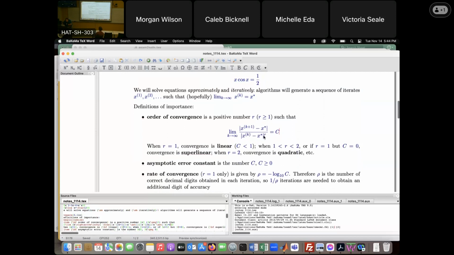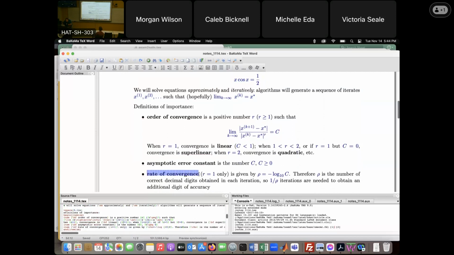In the case of linear convergence, we actually do have a rate of convergence. Remember, rate of convergence and order of convergence are not the same thing. In this context, it's defined in terms of the asymptotic error constant. It's minus log to the base 10 of capital C.